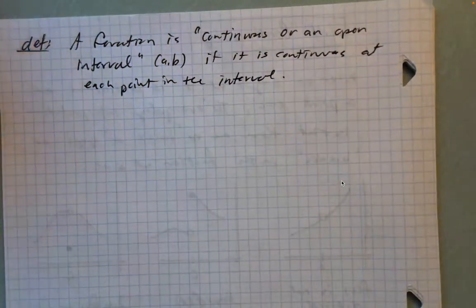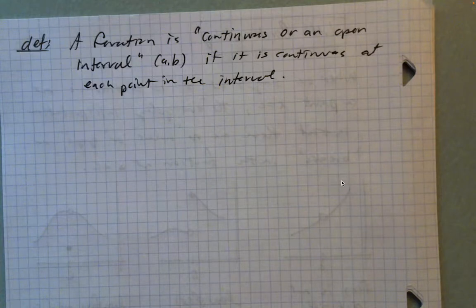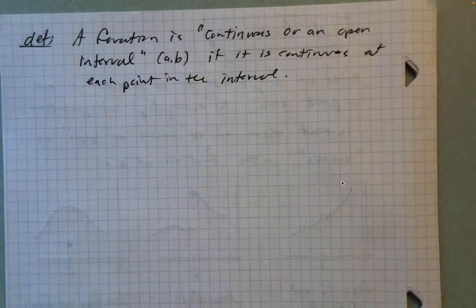So for every point in AB, any point in between A and B, you would have the three conditions of the prior definition met. If that's the case, then we can say that the function is continuous on the whole interval.